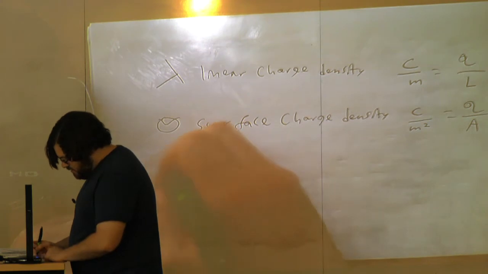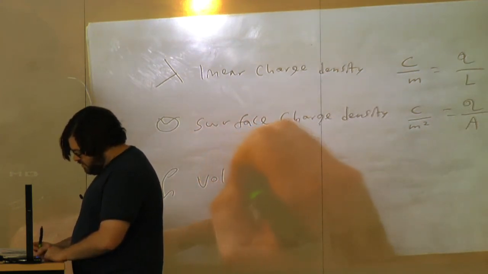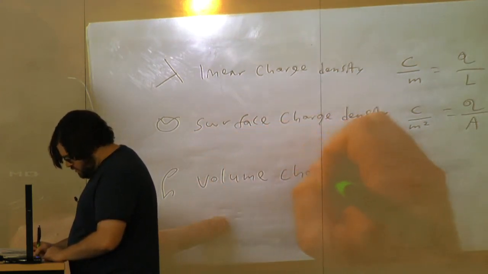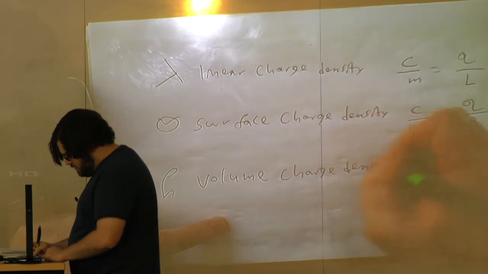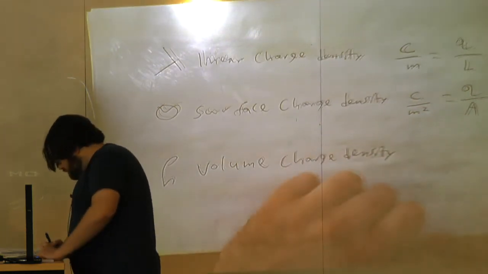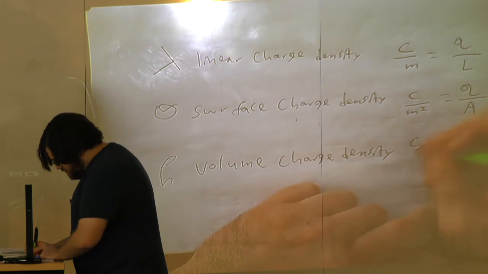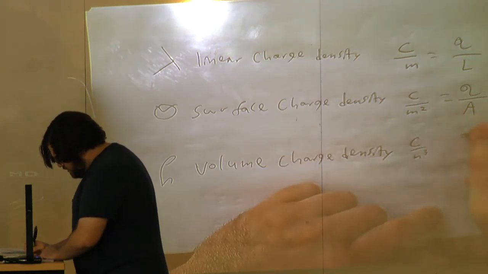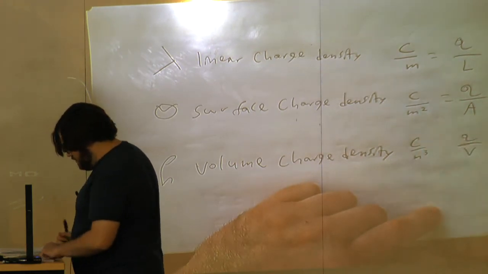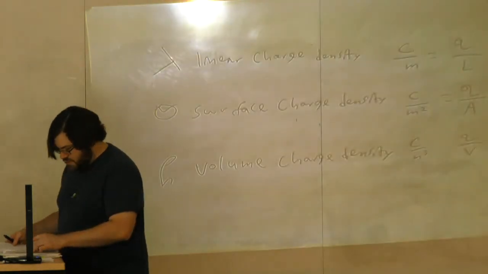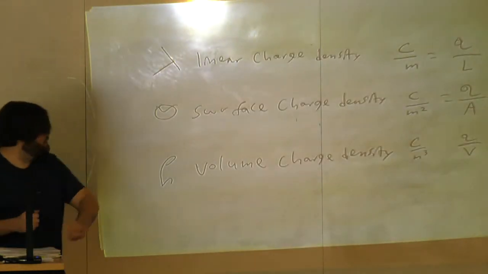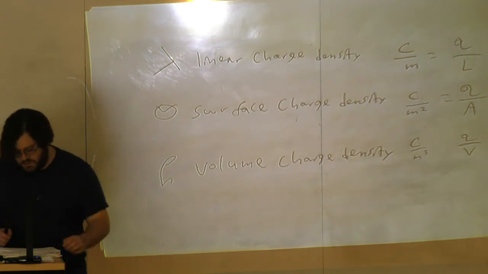And we also have volume charge density, which is coulombs per meter cubed, or Q over volume. Pretty self-explanatory, but if you see these symbols, it's important that you know what they're talking about.